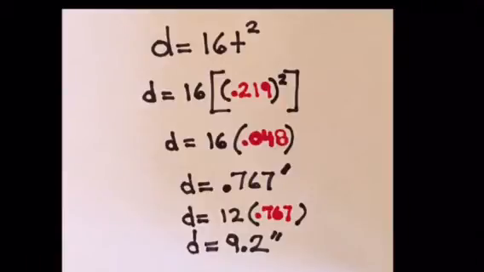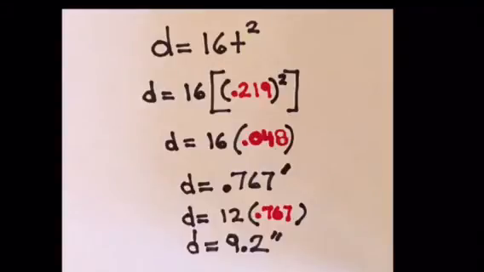We're going to use our formula, D equals 16t squared. In this case, for t, time in seconds, we substitute 0.219. 0.219 squared is 0.048. So the bullet drops 0.767 feet. Remember, in this formula, D is in feet.